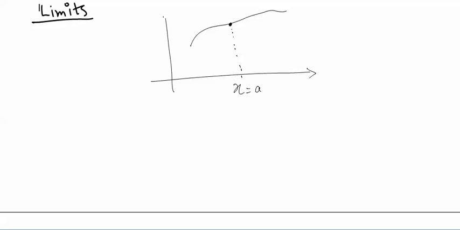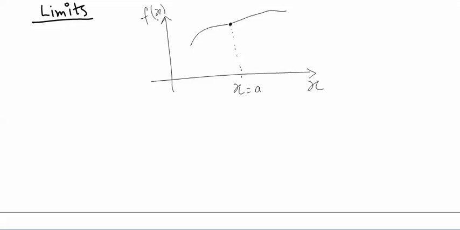So for example, let's say there is a curve, right? It is very much evident. Let's say you want the value of this curve f(x) at this point, let's say x equals a, right? I'm just explaining what limits basically are.